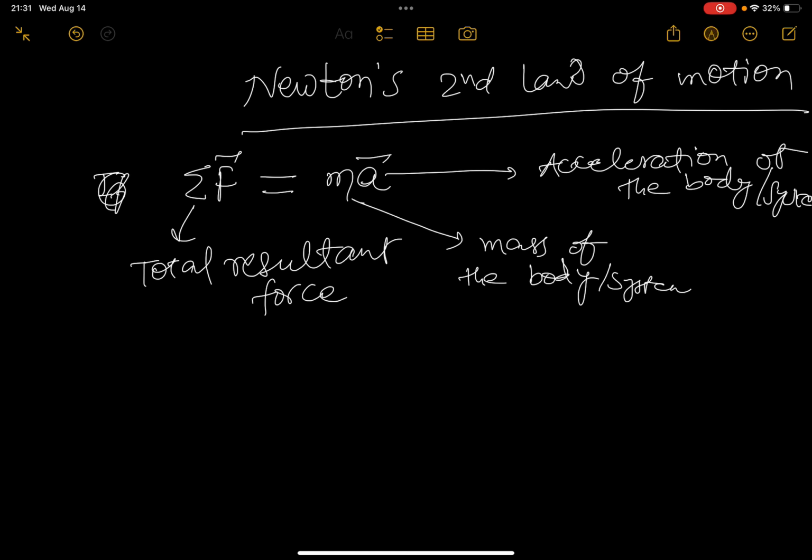Summation F is the total resultant force on the body or system.